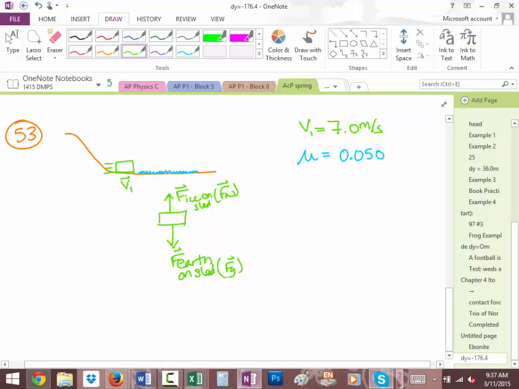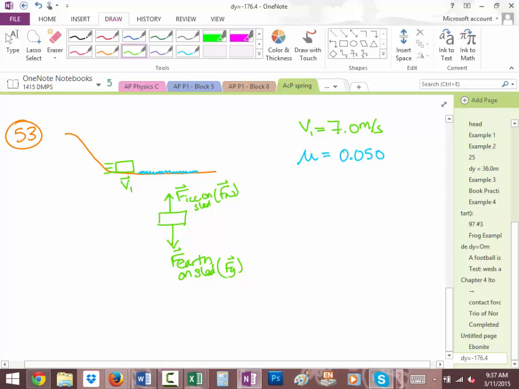Anything else acting on the little girl on her sled? How do you know there's friction? Because there's a mu, right? Here's the hint: if there's a coefficient of friction, that probably means there's a force of friction. Where is the force of friction pulling or pushing?